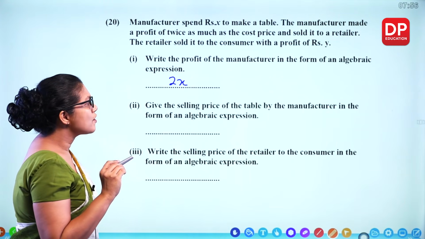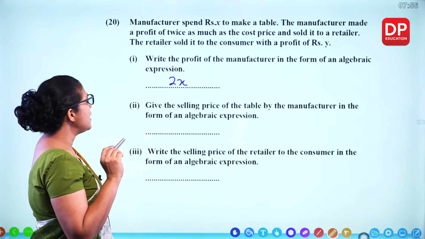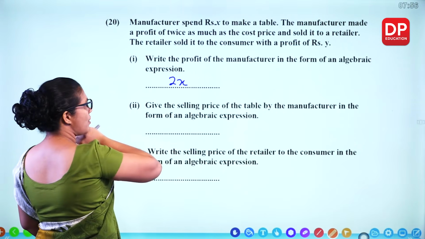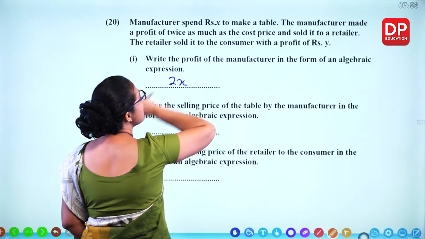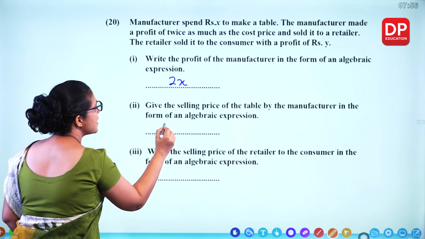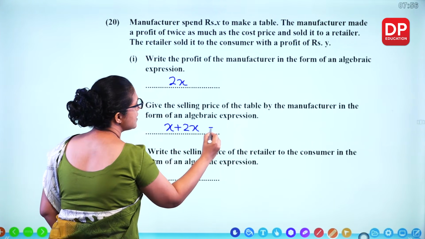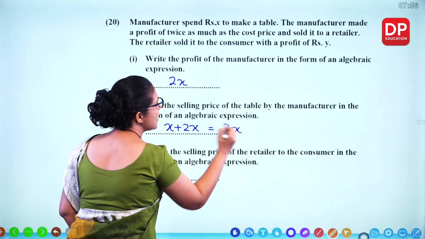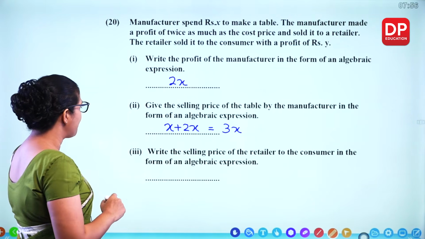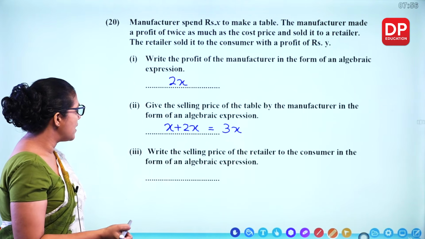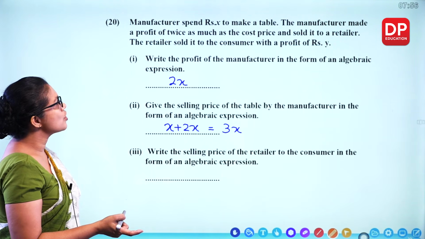Give the selling price of the table by the manufacturer in the form of an algebraic expression. So the profit is 2X and the cost price is X. So what's the selling price? X plus 2X. When you add it, that's 3X. So that's the selling price. Write the selling price of the retailer to the consumer in the form of an algebraic expression.